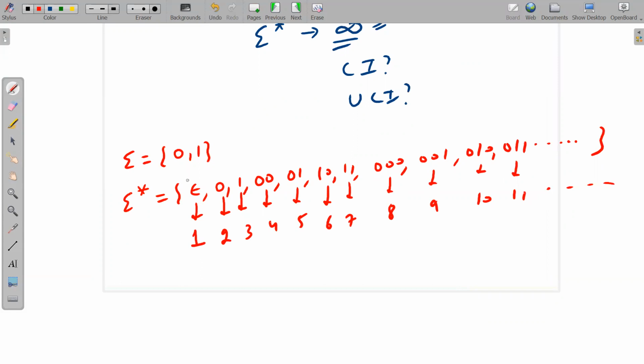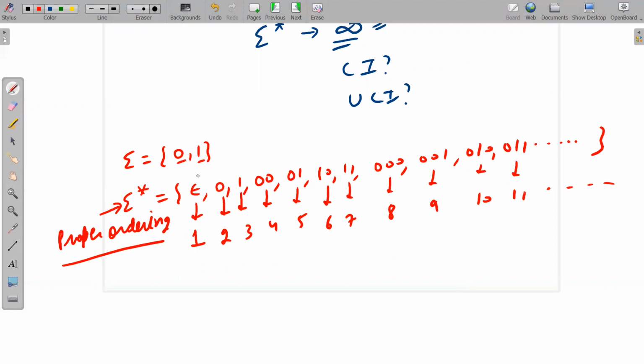In fact I have written sigma star in such a manner so that I can map it with the natural number set. This ordering is known as proper ordering. What is the exact meaning of proper ordering? In proper ordering, we write the strings lengthwise, and while writing them lengthwise, we write 0 first and then 1.